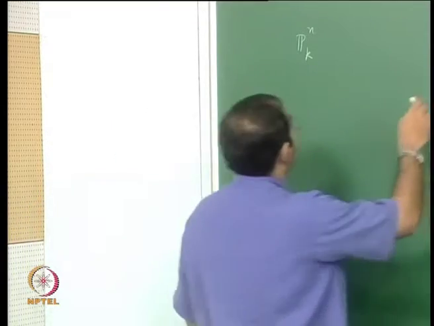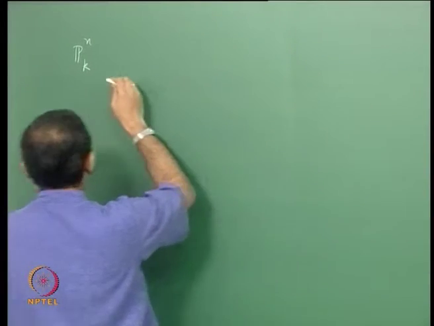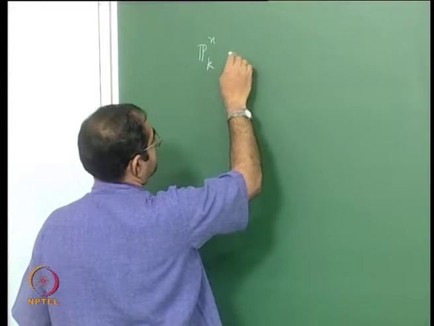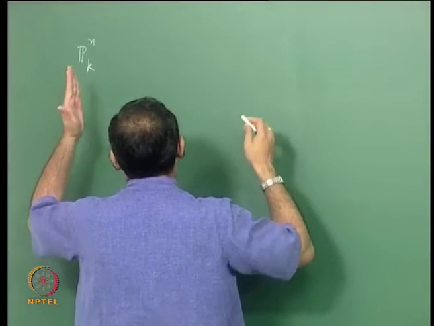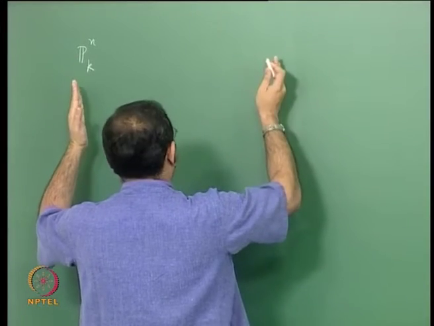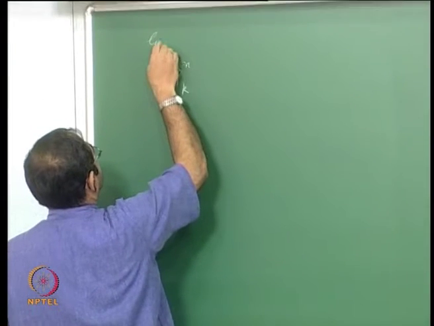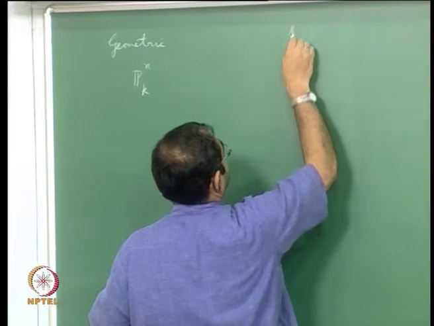Okay, and in fact if you remember, there was a very nice picture, one giving the geometric side and the other the algebraic side. So this is the geometric side and this is the algebraic side.